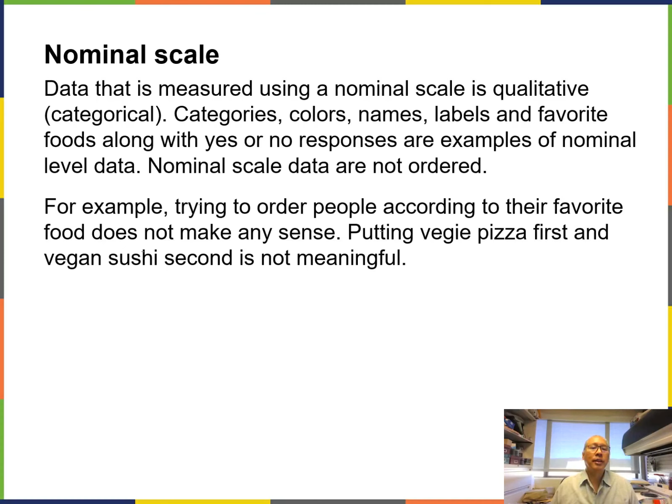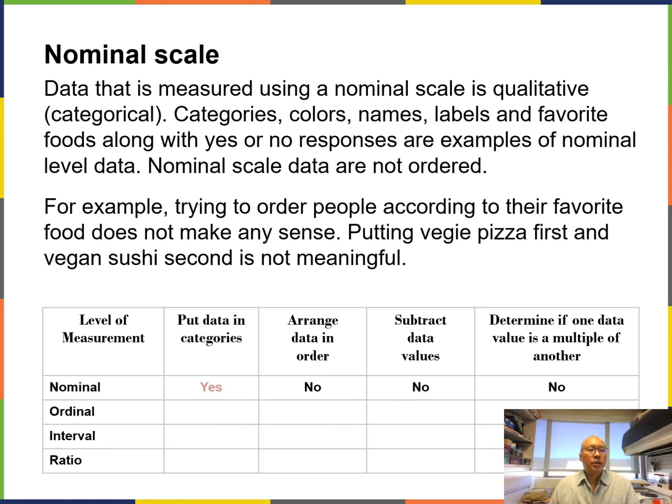Those are just categories. We're going to be constructing this table to get some idea of comparisons between the different levels of measurement. So in our overview of nominal, we can put the data in categories, but we can't arrange it in any significant order, and we can't really subtract 2 values.